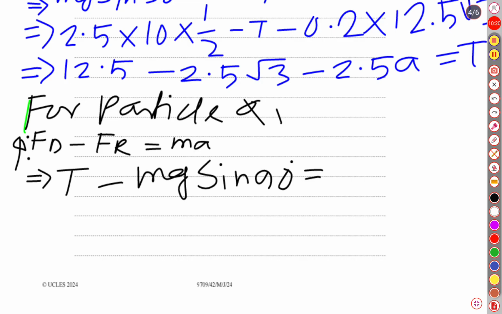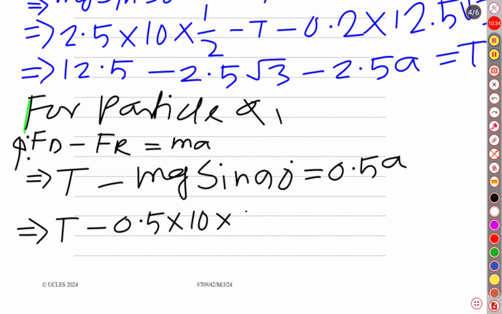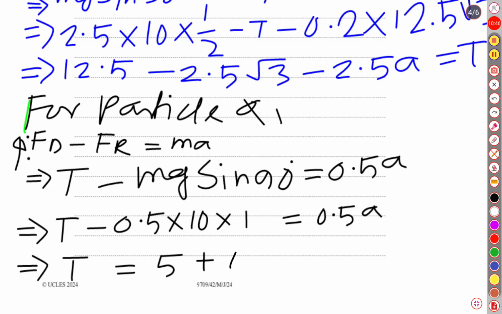Mass of the particle Q is 0.5 and acceleration due to gravity is 10, sine 90 is 1, equal to 0.5a. Then if we isolate our tension, it is going to be 5 plus 0.5a. So that's all about the equation number 2.